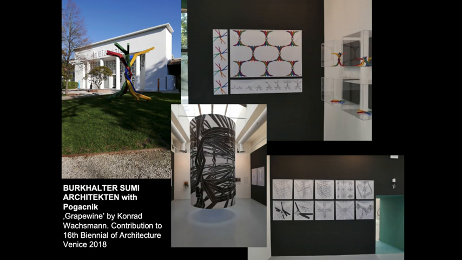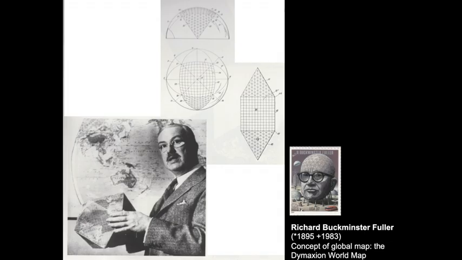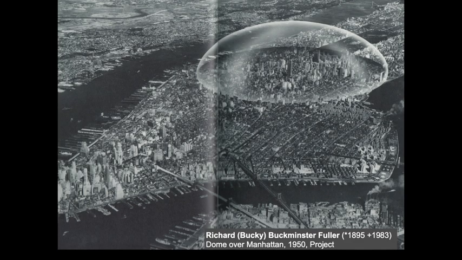Or if you take a look at the construction and the theories of Richard Buckminster Fuller, you can see that the material steel and the thinking in geometric spheres can cause some new creations of spaces and new creations of construction and at least of architecture and visions, if you like.